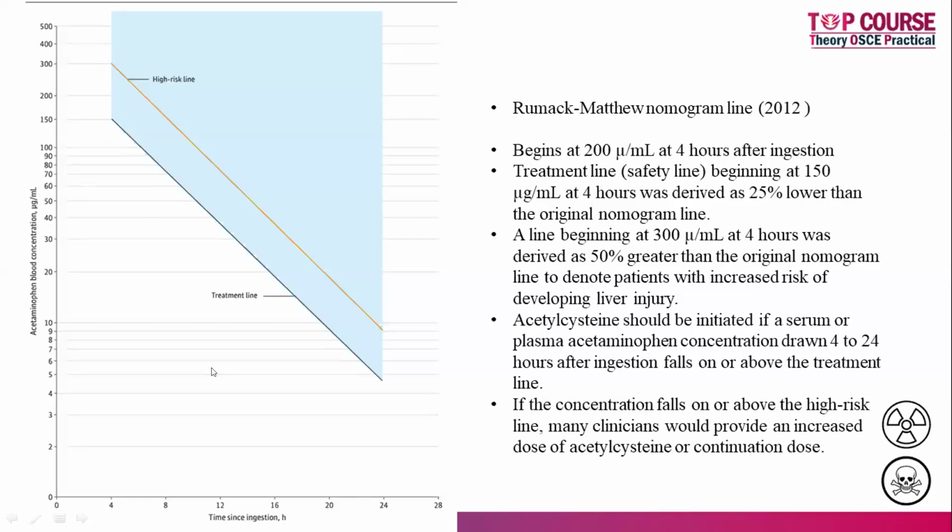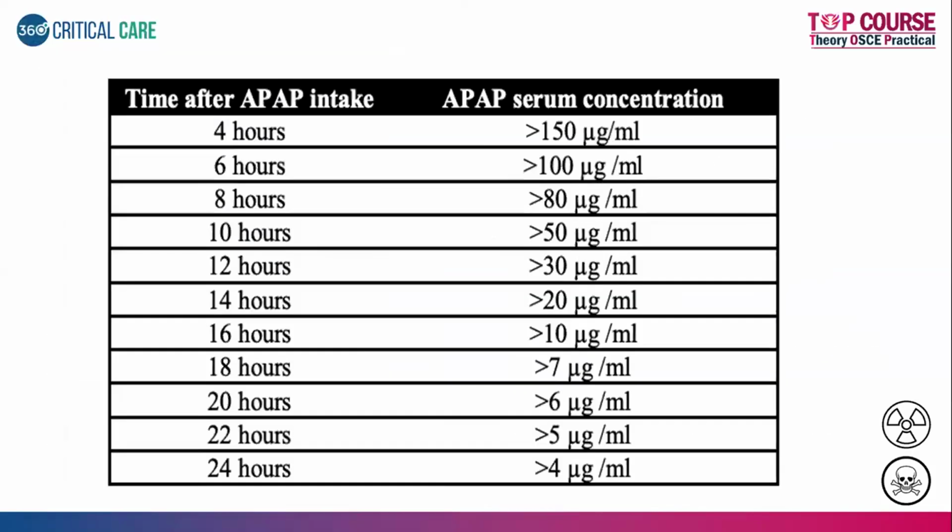But in most cases, paracetamol levels are not available. So in such cases, you can actually give N-acetylcysteine if the patient comes within 4 to 24 hours. This is just arbitrary concentrations after the ingestion.